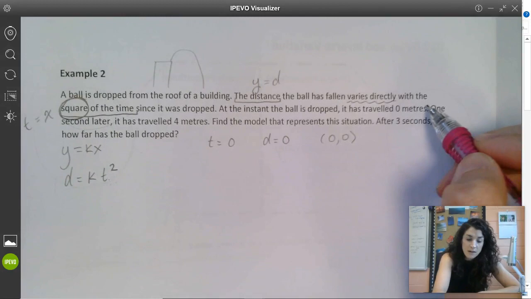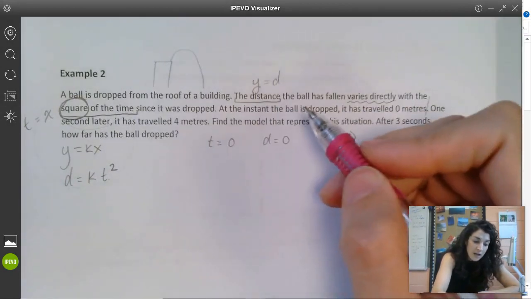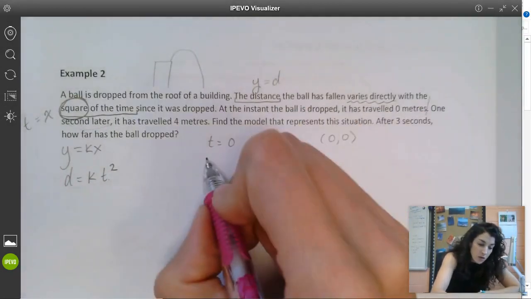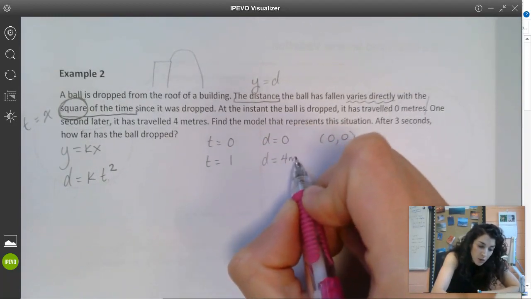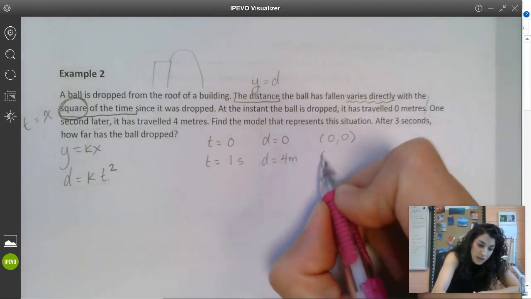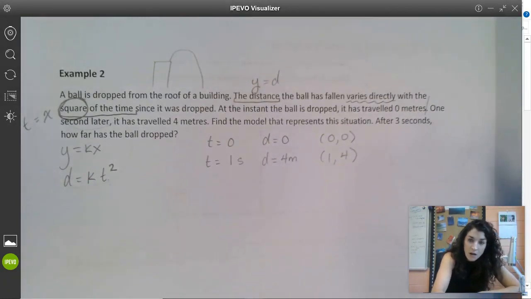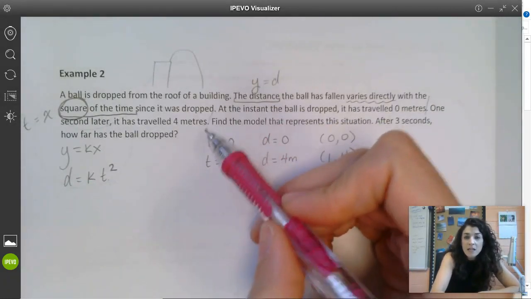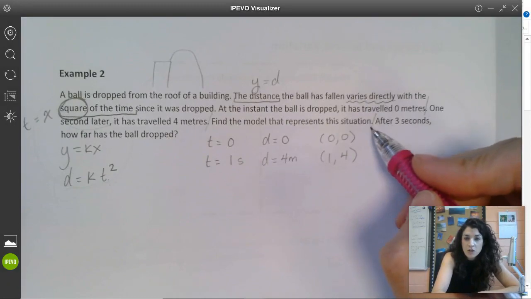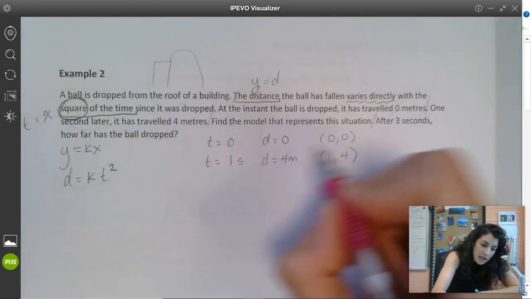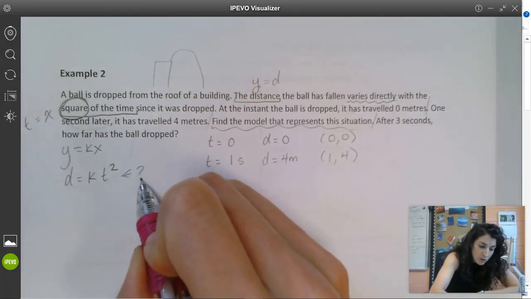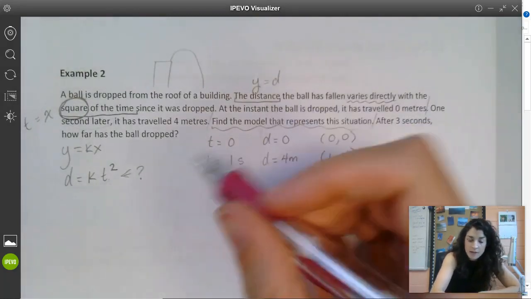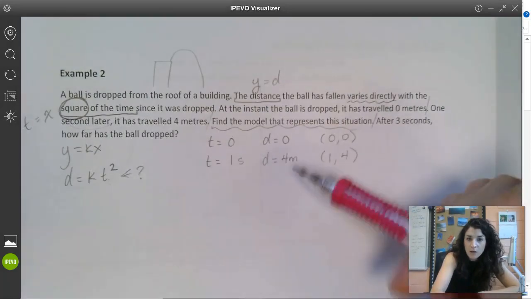That sentence is done. 1 second later, it's traveled 4 meters. Okay, when t equals 1, the distance is 4 meters. That's another point. Awesome. It says, find the model that represents the situation. So that's something I have to do. Model equals question mark.